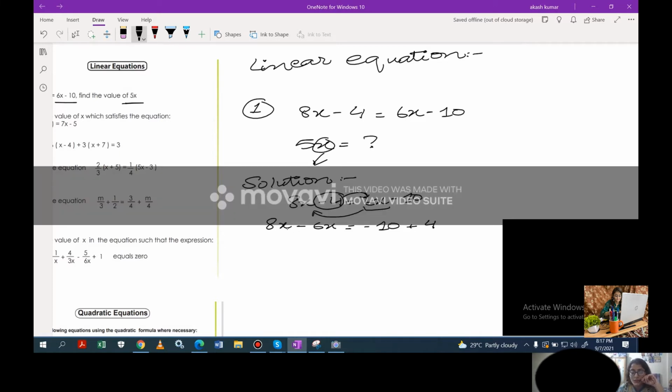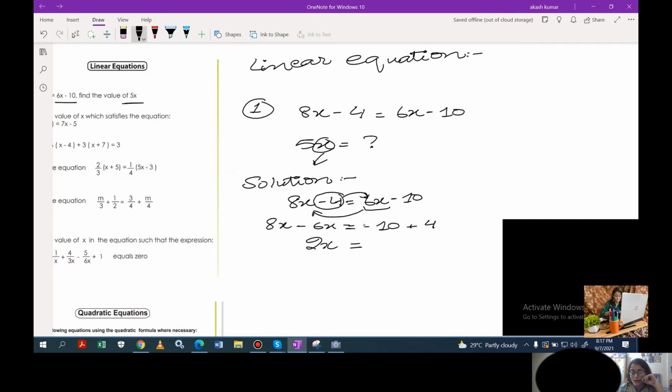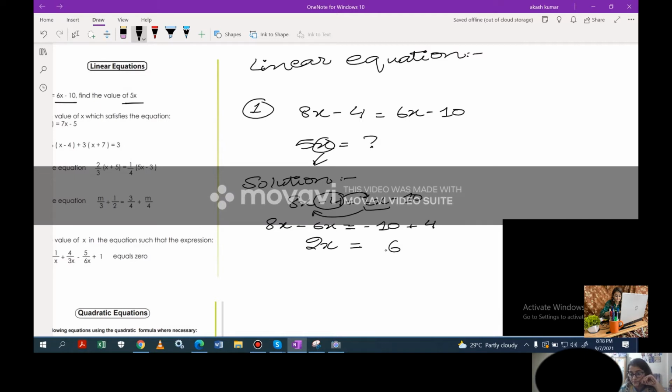So 8x minus 6x will be 2x. Equals sign. Then we have minus 10 plus 4. It will be 6. Will it be plus 6 or minus 6? Minus 6. Good.